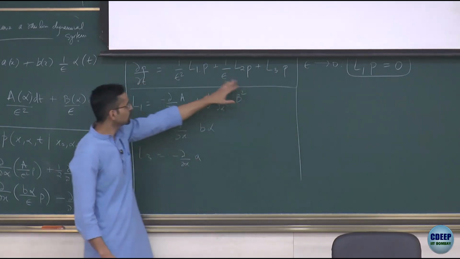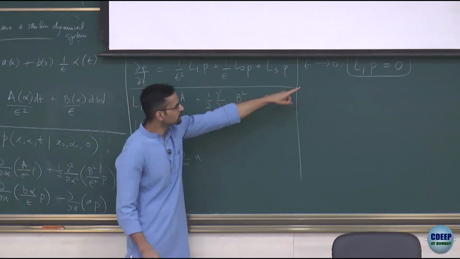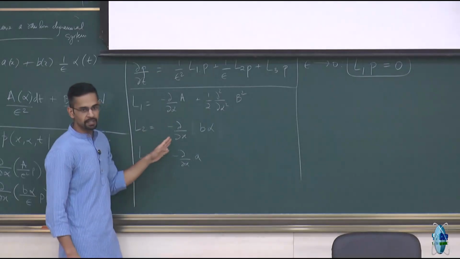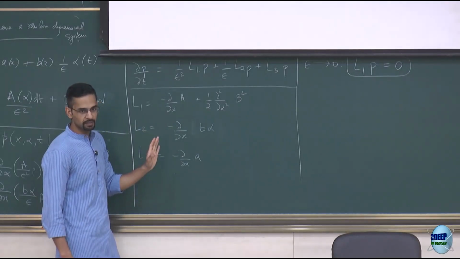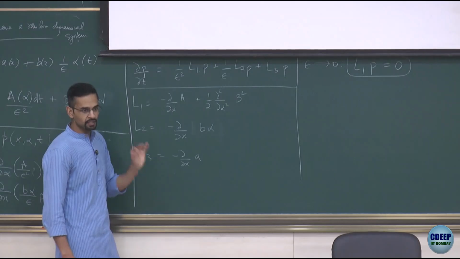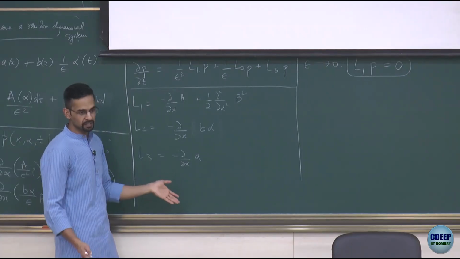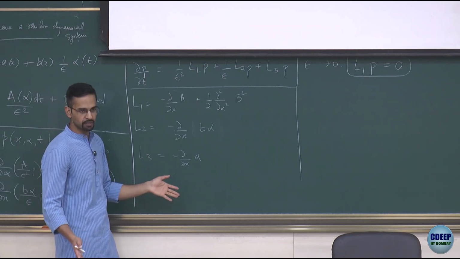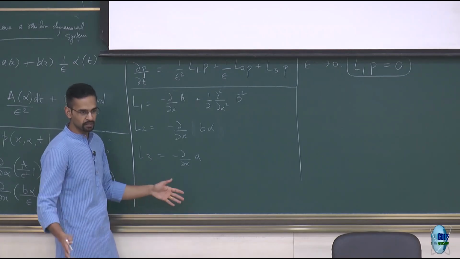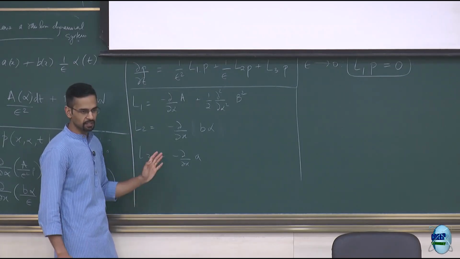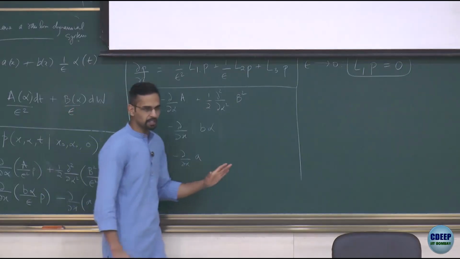When I put epsilon to 0, those two will knock out, and I will get dp by dt prime equal to L1p. Then I should ask, does this have a slow manifold? Does it have a 0 eigenvalue direction? Is L1 singular? If it is singular, that means the problem has one direction where nothing is evolving, and I can use that to build the slow manifold, as I discussed in the earlier class. So that is the proper center manifold reduction.